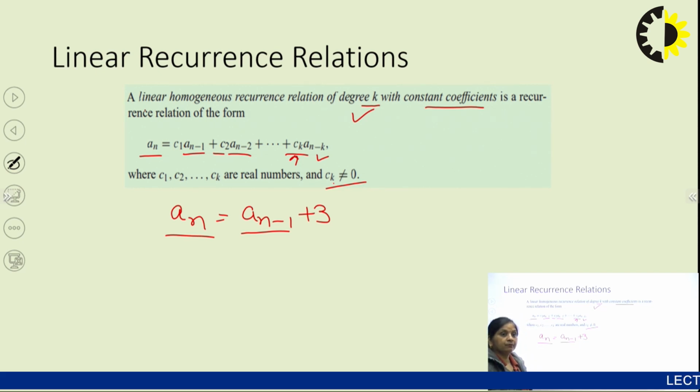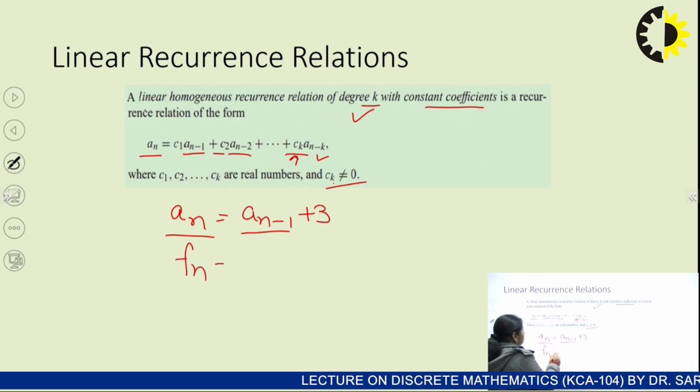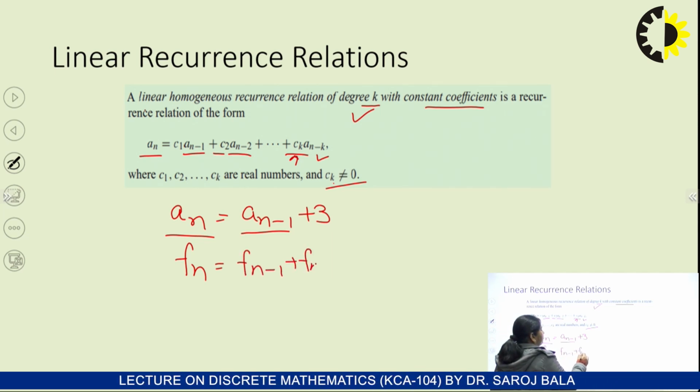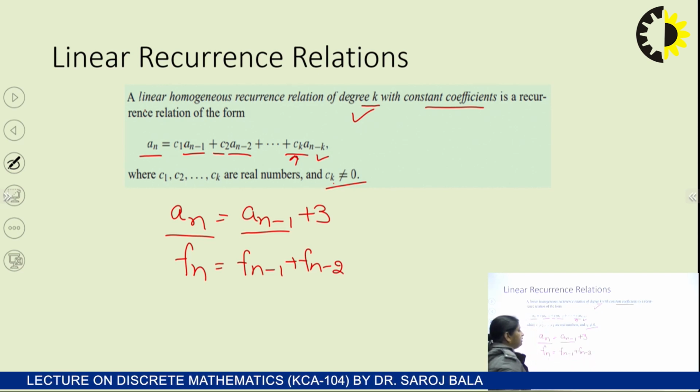So, here the degree is 1. If we recall our Fibonacci series, Fn is equal to Fn minus 1 plus Fn minus 2. So, it is defined in terms of the previous two terms. So, the degree will be 2.